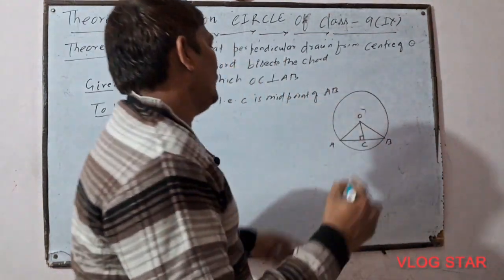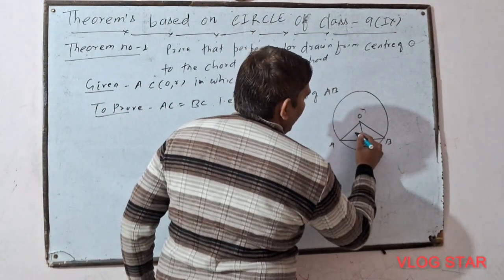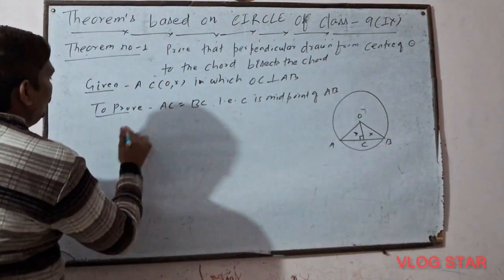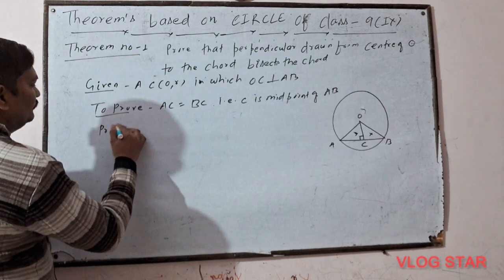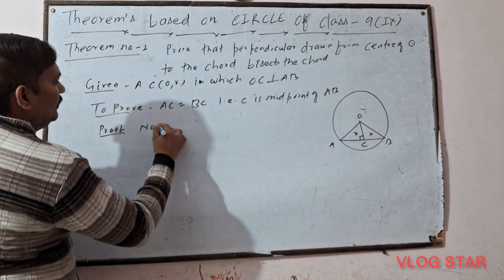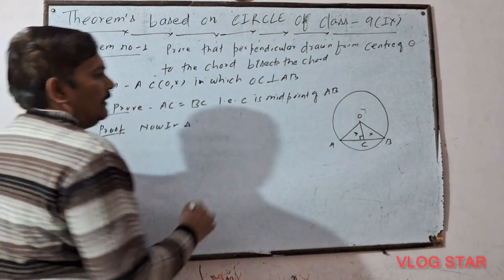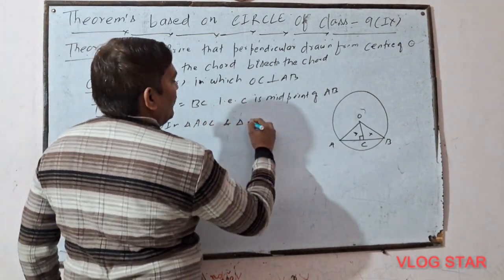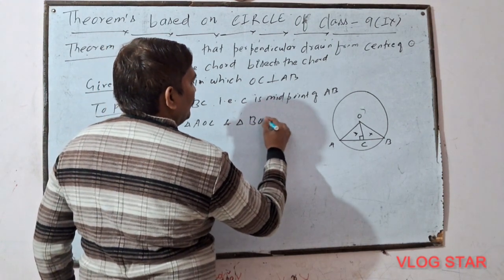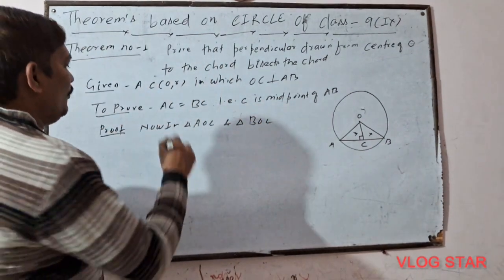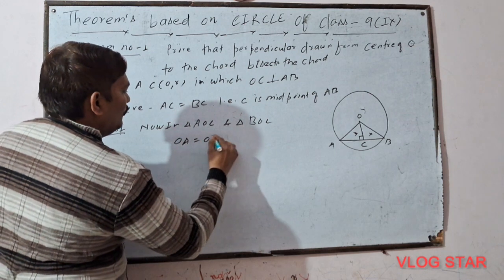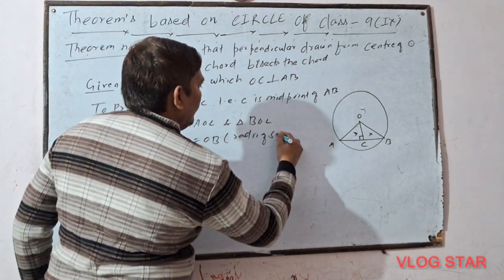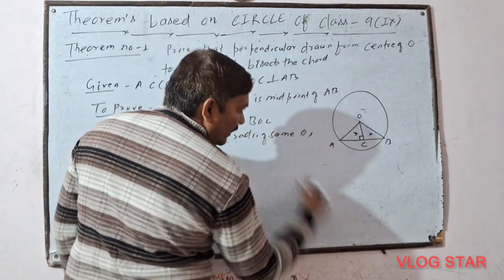Now we will apply congruency in triangle AOC and BOC. Very easy, see the proof. Now in triangle AOC and triangle BOC, OA equals OB, reason: radii of same circle.